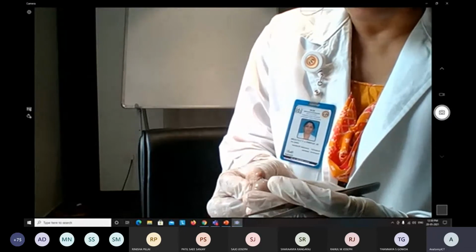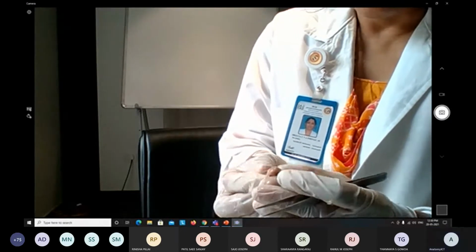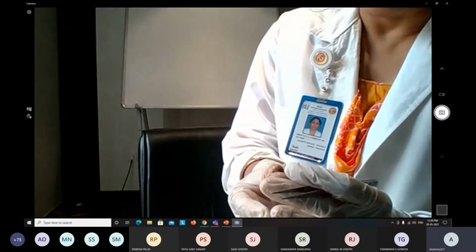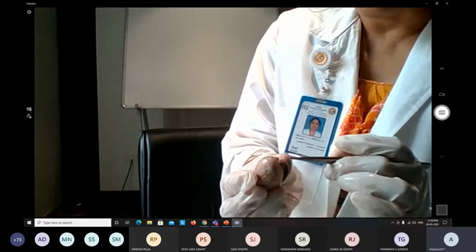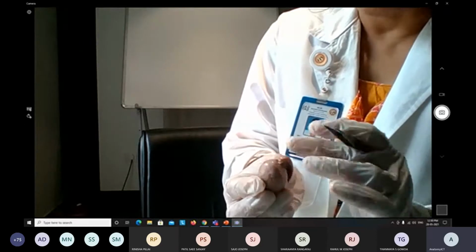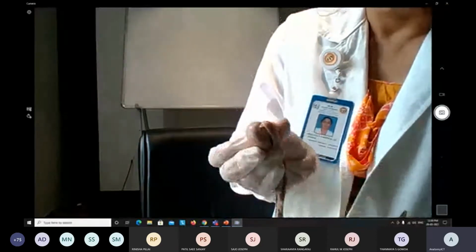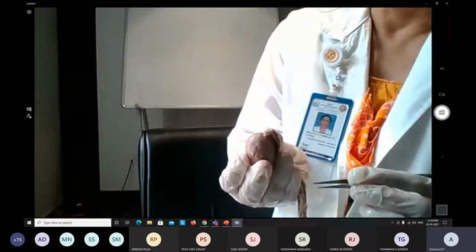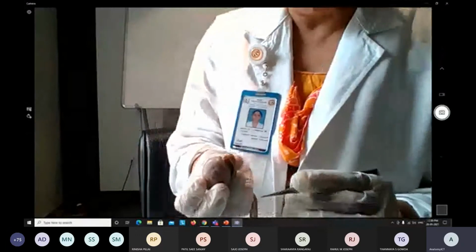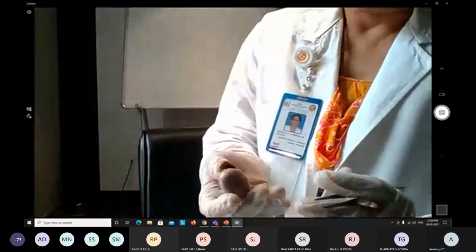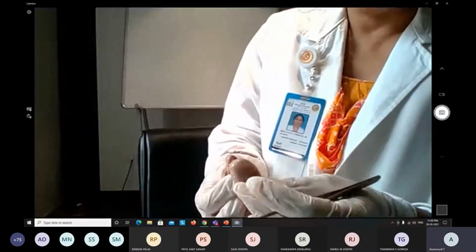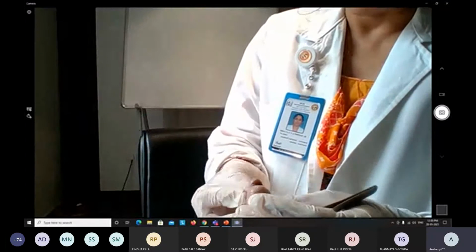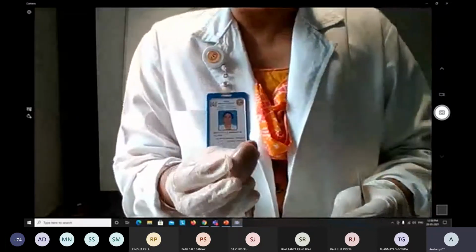That will be the remnant from the mesonephros. On this specimen, I don't find any small remnant over the epididymis. Here, some small fibrofatty tissue will be there. That will be remnant of the mesonephros. Once you come back again, we'll give these organs for revision.